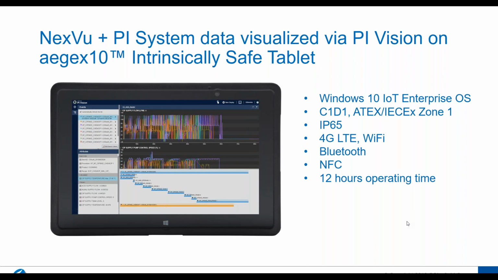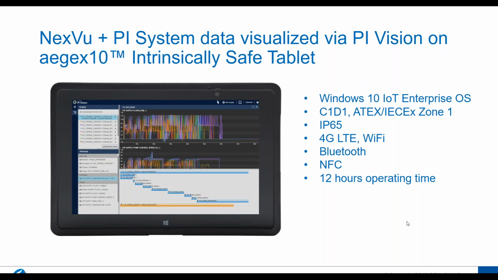Yeah, the Aegex 10 intrinsically safe tablets are purpose-built and certified for Class 1, Division 1, or ATEX or IECEx Zone 1 hazardous areas where they won't cause a spark that could potentially ignite a highly combustible environment. So the mobile workers in these hazardous environments can access this data coming from NexVu and connected legacy sensors on the Aegex tablets using OSIsoft's web-based graphical user interface, PI Vision.